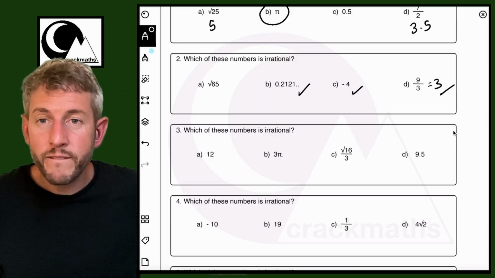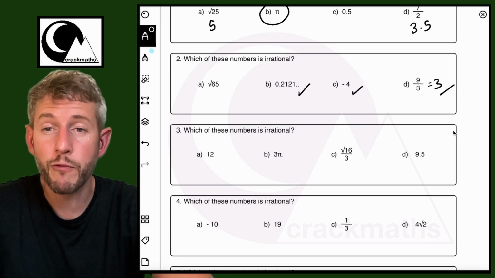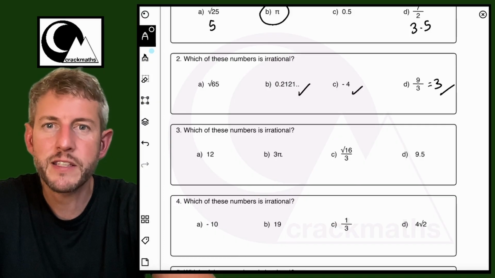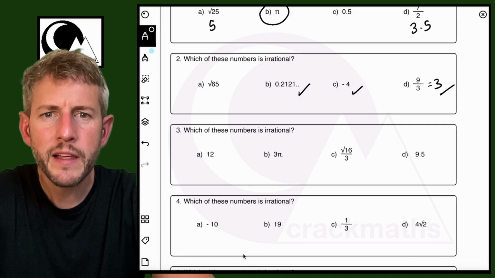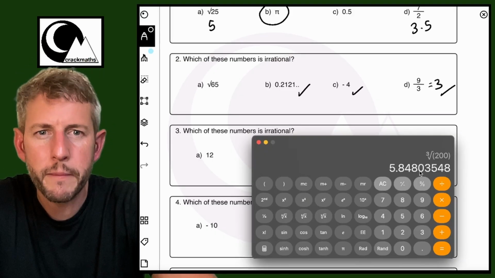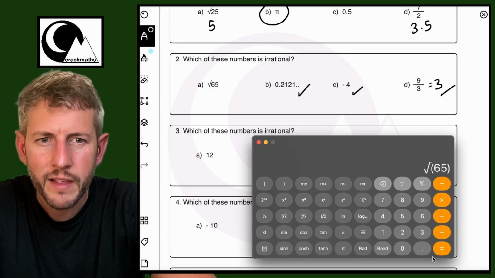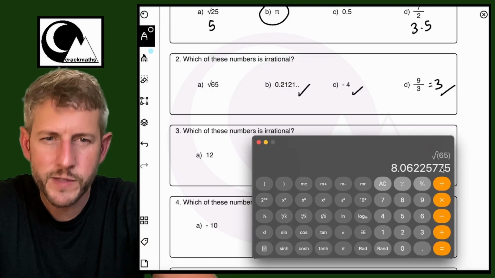So this one here is going to be root 65. Now, root 65 is irrational. 64 is the square number, so root 64 wouldn't be irrational, but root 65 is. Let me just grab my calculator and I will show you why it's irrational. Here we go, 65 square root. We've got a bunch of numbers that make no sense.